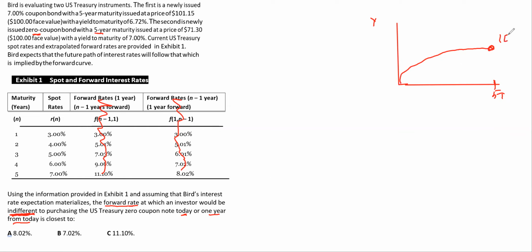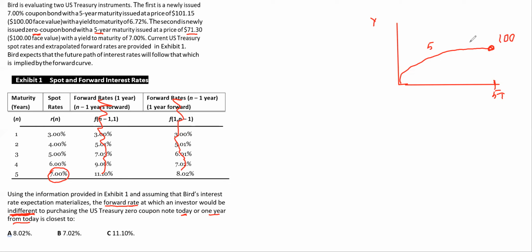With a zero coupon bond, it should mature to 100. Here we're starting with a value of 71.30. So we're investing $71.30, and over 5 years, if we invest that at 7%, remember these spot rates on a zero coupon bond represent the yield to maturity. It's locked in.